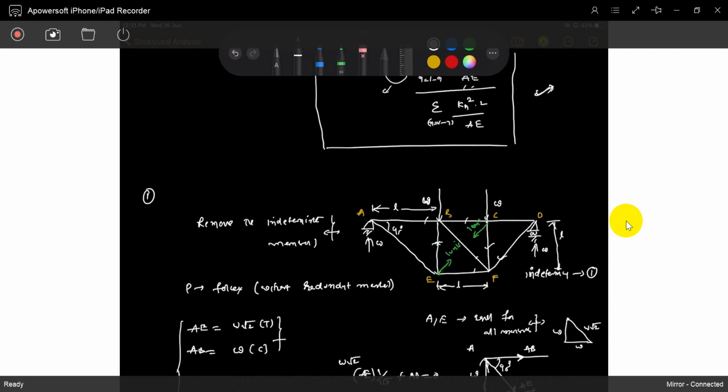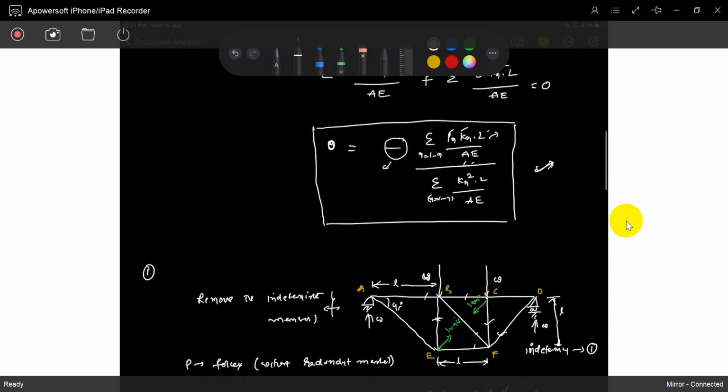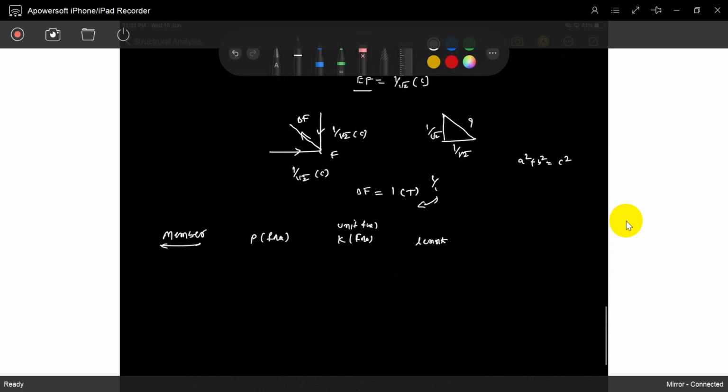So we have to find out the sum of P K L, K square L. If they are given different A, different E for each member, you can calculate A by E for each member. Otherwise, just remove it.